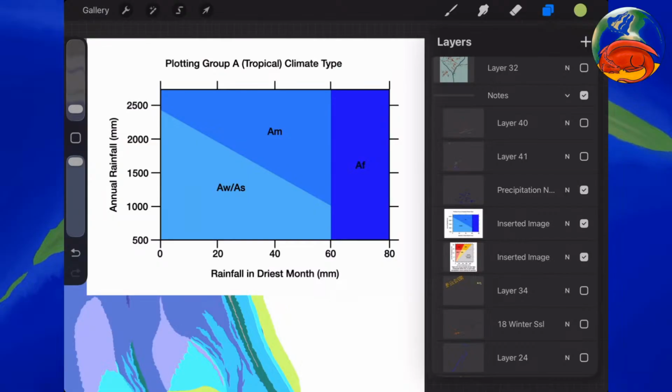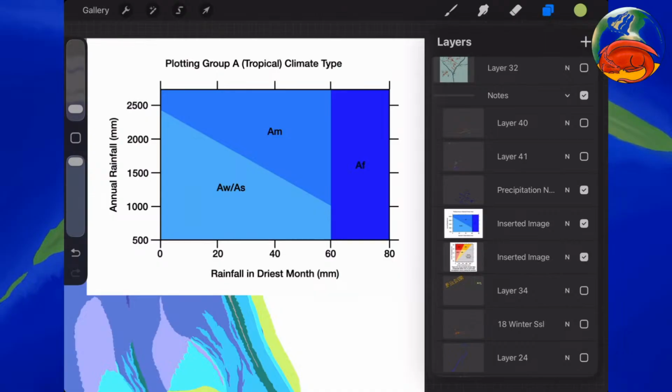So if you have a place in the tropics that received 61 millimeters of precipitation every single month of the year, then you get an AF climate, even though you're only getting 1,212 millimeters of precipitation, I believe.